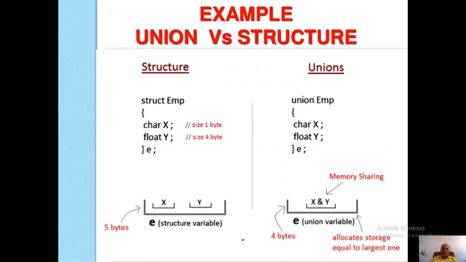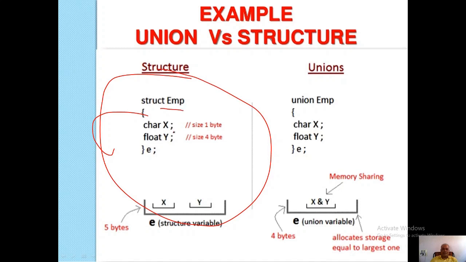So let us look at this example. This is a simple structure example. Here struct, char x: char is 1 byte. Float y: this is 4. So 1 plus 4 is how much? It is going to be 5 bytes. But in union, here char is 1, float is 4. In union, whatever the largest data item is, memory is allocated for that one only.